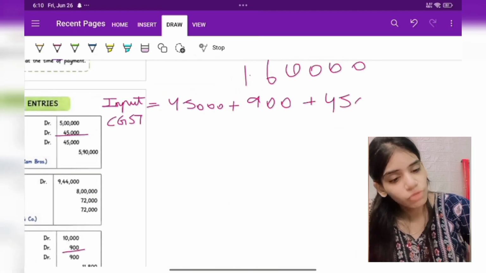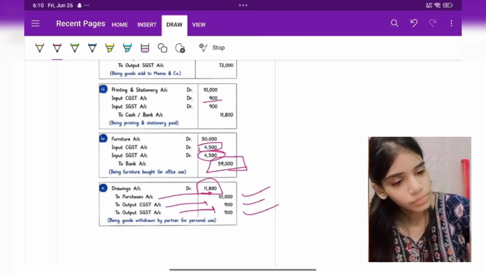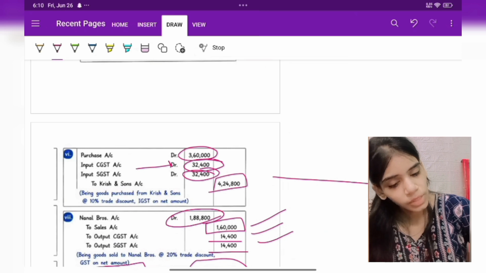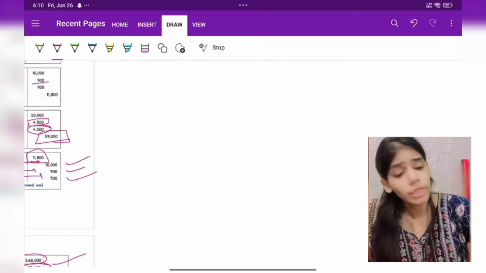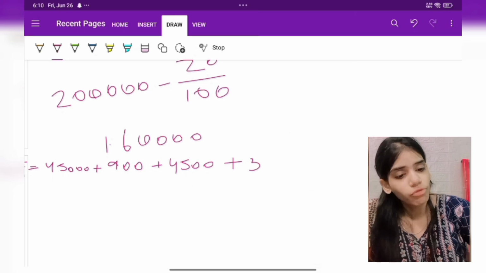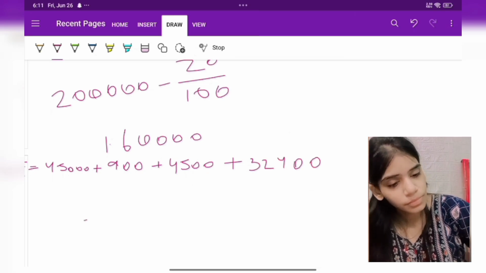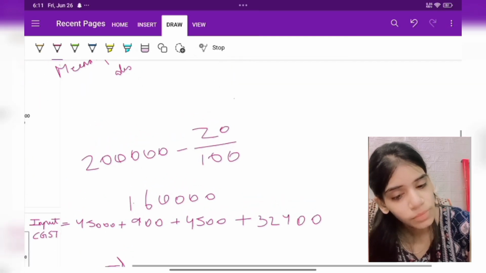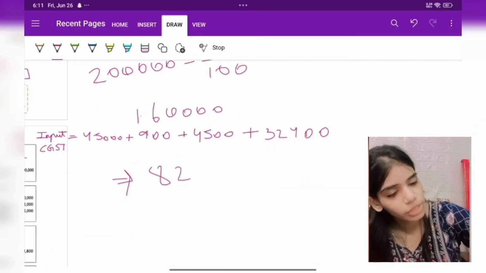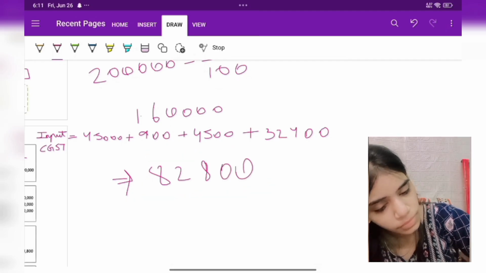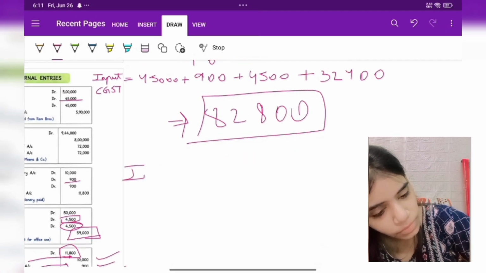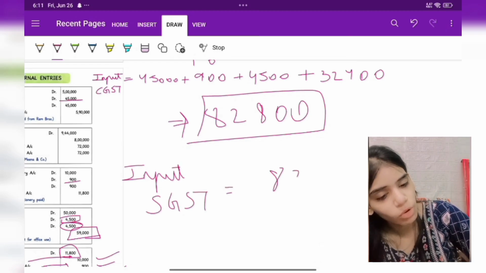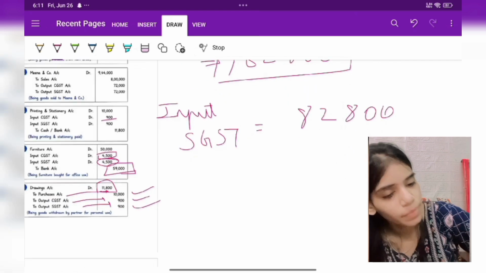At the time of buying furniture is 4,500. At the time of making purchases from Krish and Sons is 32,400. The total is 82,800. The same amount will go to input SGST because the rates of CGST and SGST were the same.